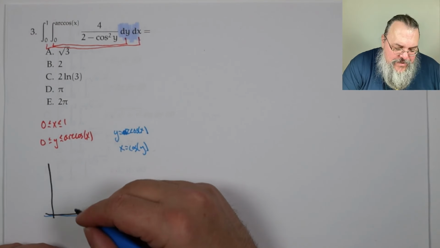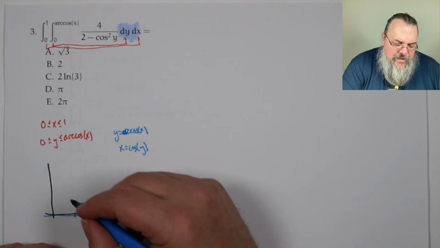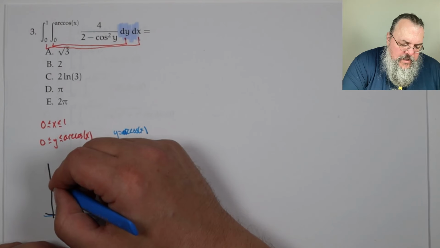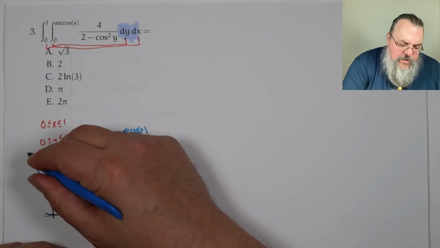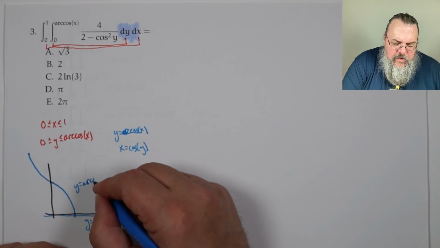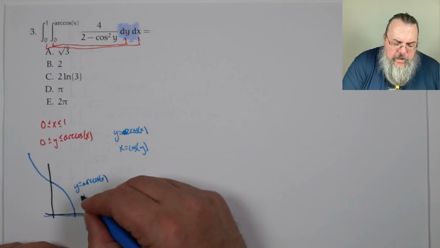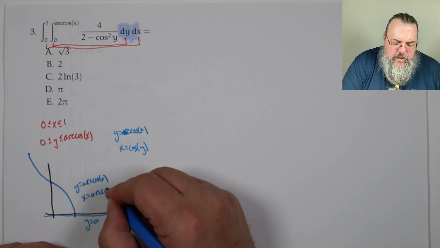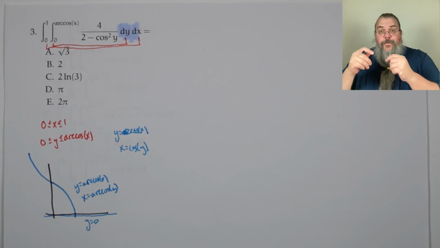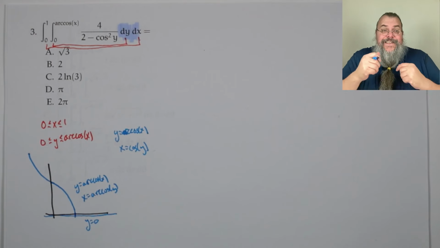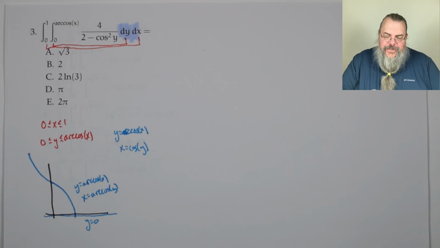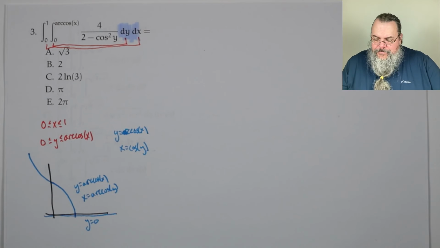And so what happens is we get this curve. And so we get from here, and this is y equals arc cosine x, or x equals arc cosine y. This, by the way, rewriting it in two different forms, y as a function of x and x as a function of y, is critical when it comes to setting up a change of order of integration.